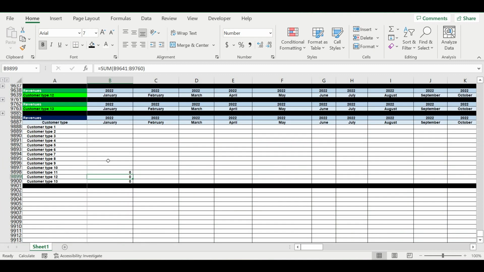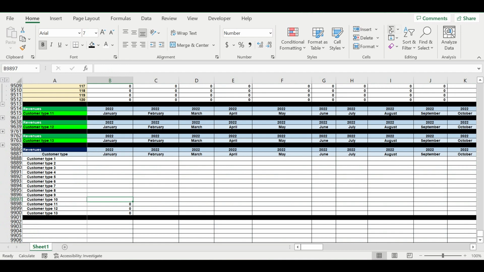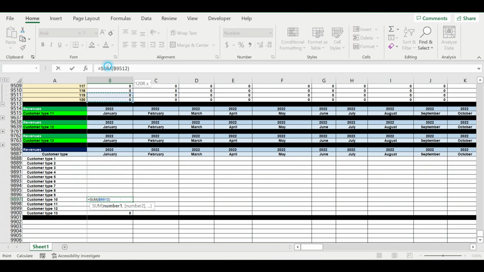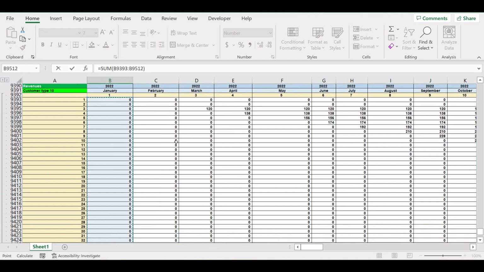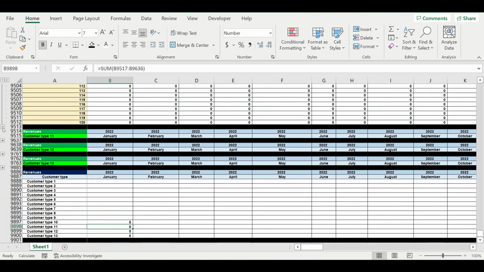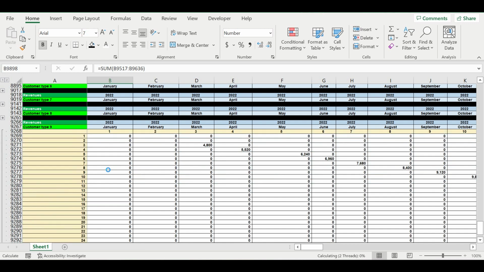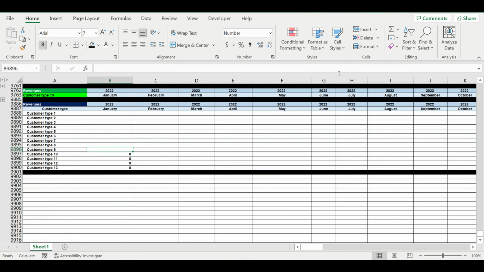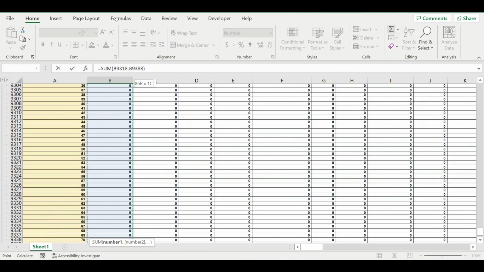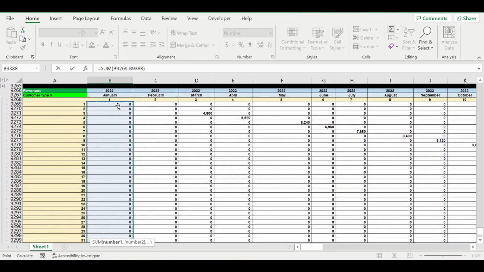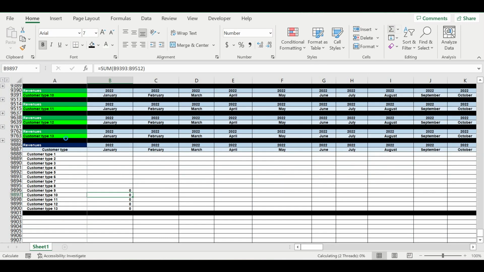Then we take number 10. Number 9. Then number 8.